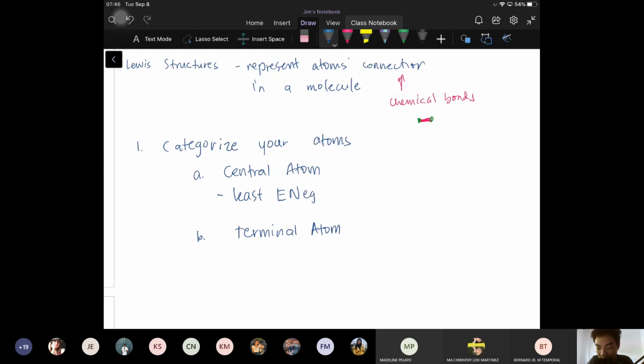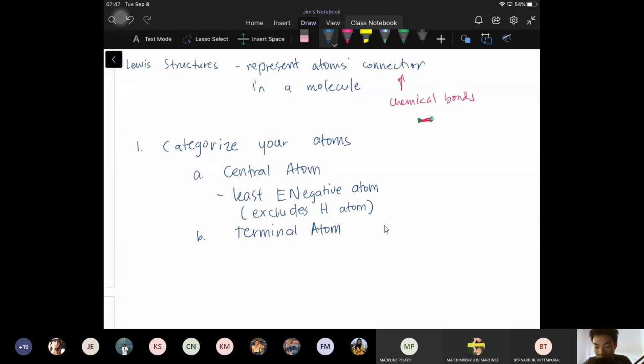Although this excludes hydrogen. Okay, so again, central atom. This is the least electronegative atom in your molecule. Mamaya, bigyan natin yung example. Let's rationalize muna why we have to exclude hydrogen atom.